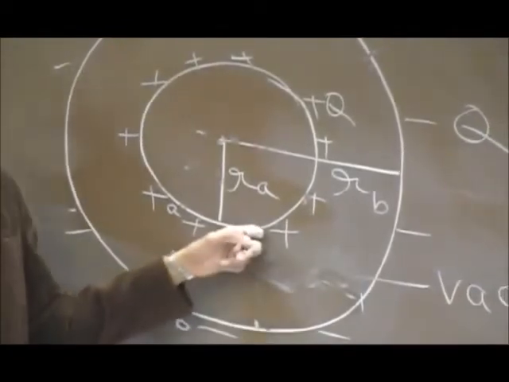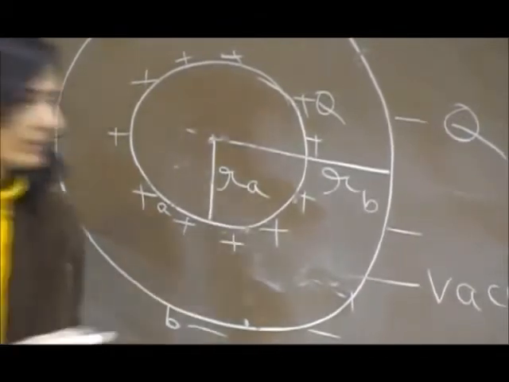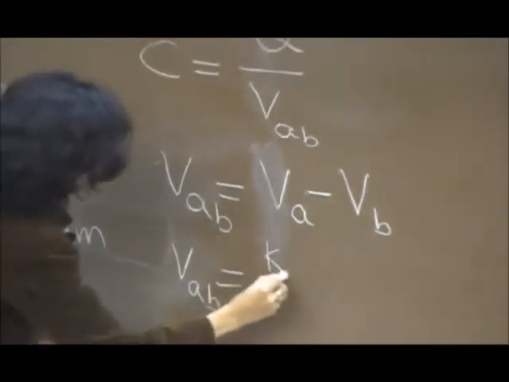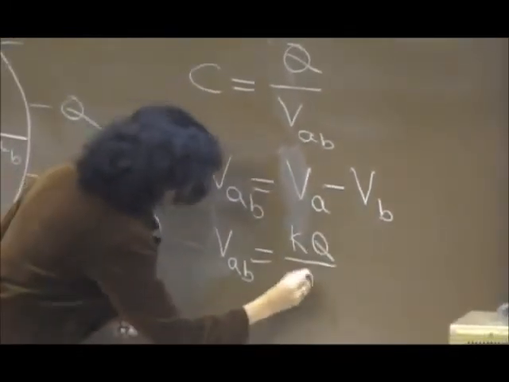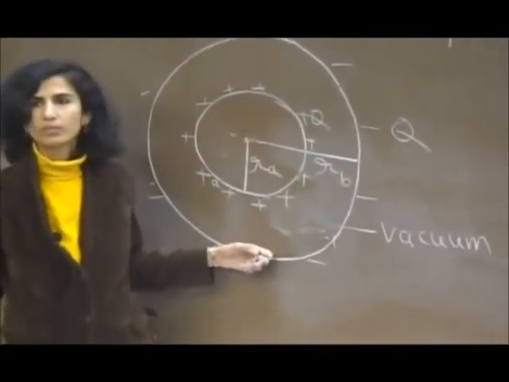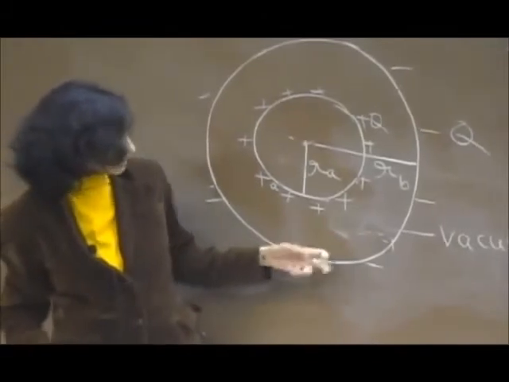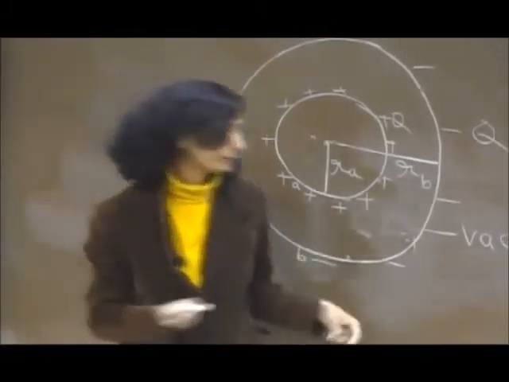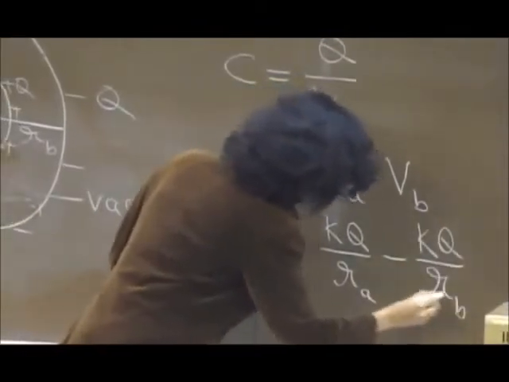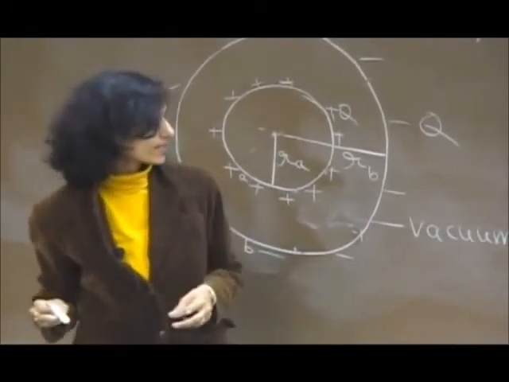So what would be the potential right here, folks? Go ahead. It'll be KQ over RA, very good, and VB will be KQ over RB, right? So this is what the potential difference is.